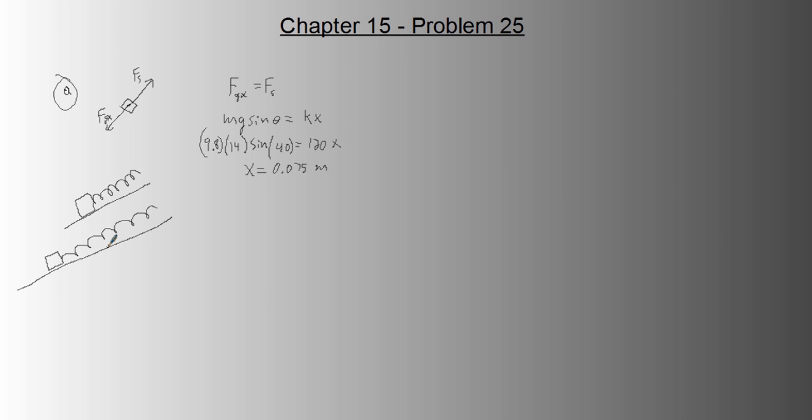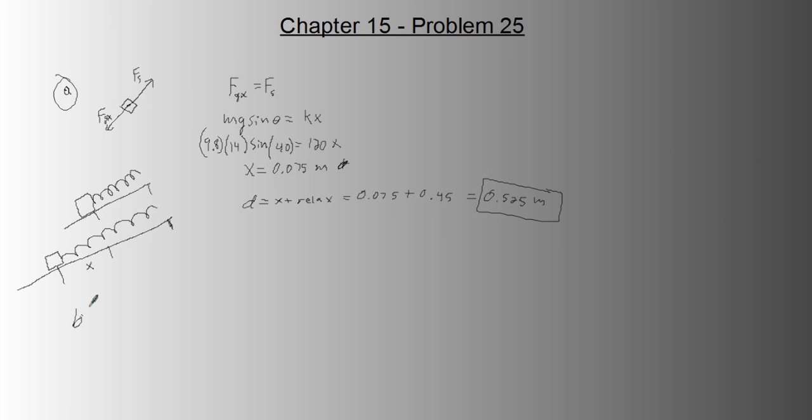So we just figured out x is this, but we want the distance from the top. So we add the relaxed length, which is 0.45. D is x plus the relaxed length, which is 0.075 plus 0.45, and that equals 0.525 meters.